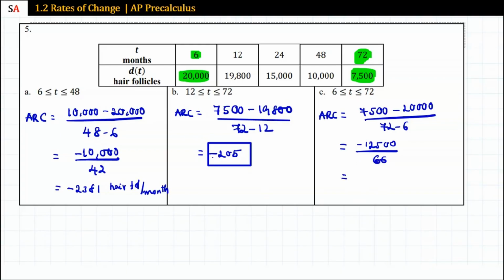So negative 12,500 over 66 is approximately negative 189.39, or you can round it to negative 189 hair follicles per month.